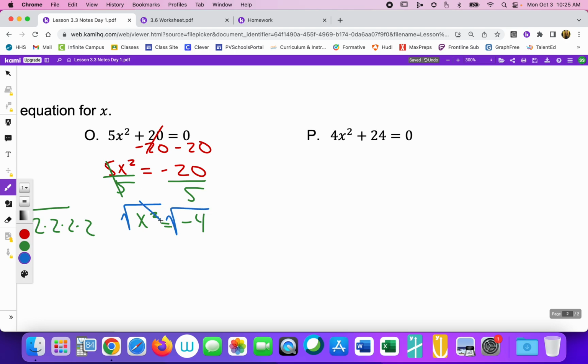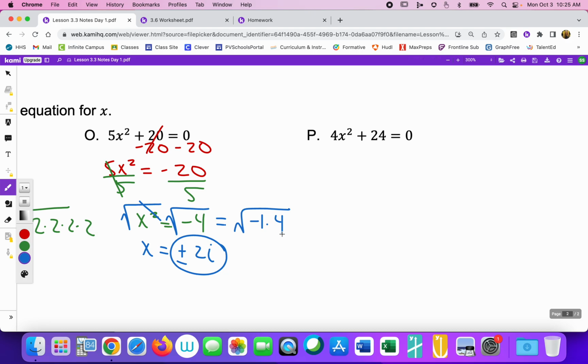Make sure you have positive and negative results. Plus or minus 2i. So 4 is a perfect square, that's fine. And i just comes out with it from the negative sign, because again, this is really a negative 1 times 4. So the square root of 4 is 2, square root of negative 1 is i.